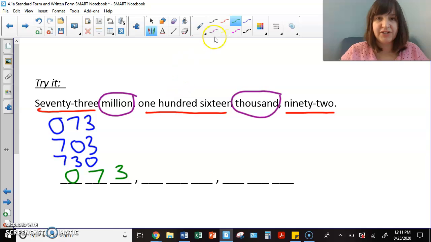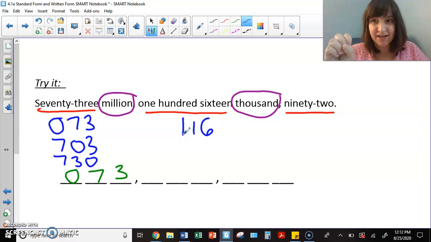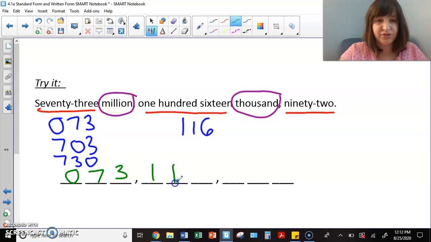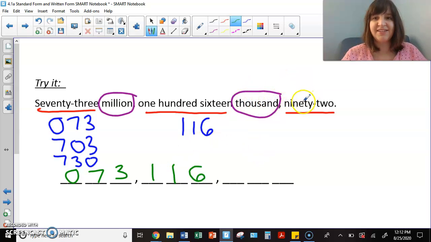Then I have 116. So if I have 16, 100, 116, that's how I say it, and that's how I put it in number form. That's 3 numbers right there because it's between my million and my 1,000. I'm going to write my 116 on my lines down here. After the word 1,000 is the number 92.